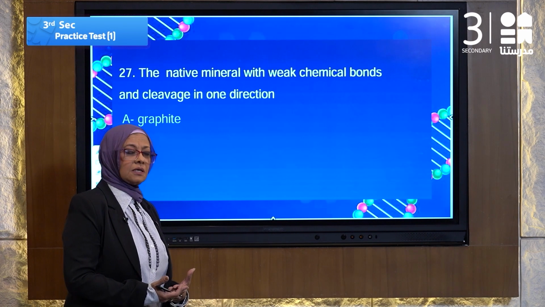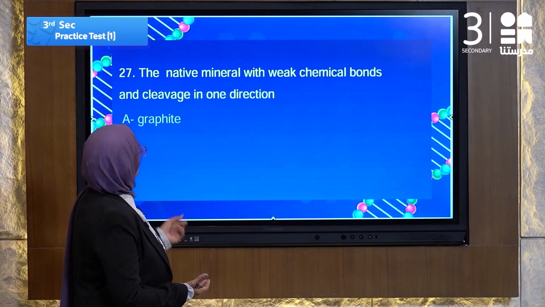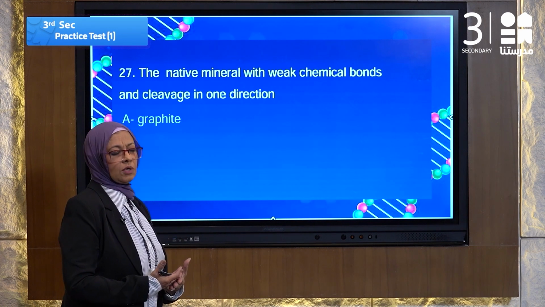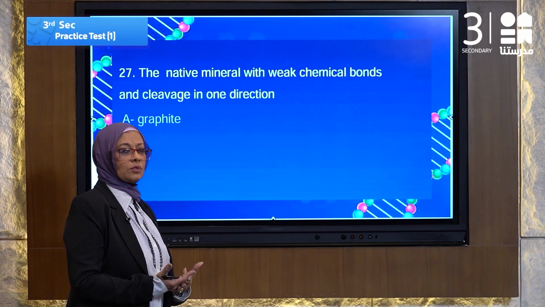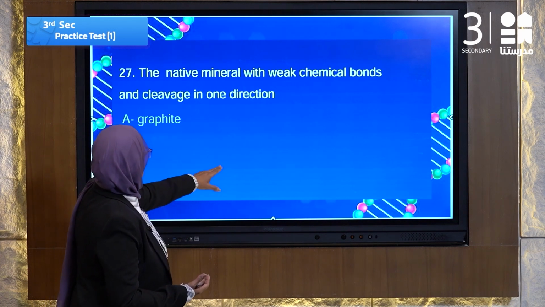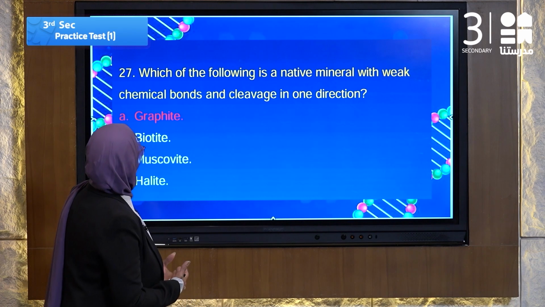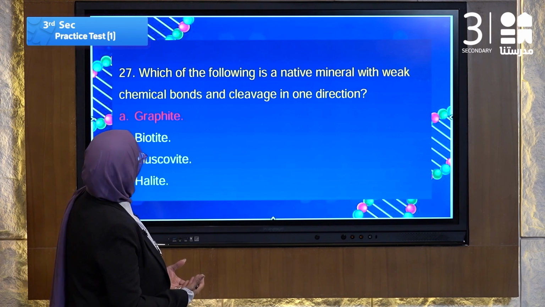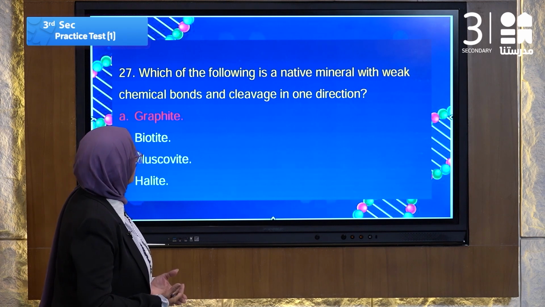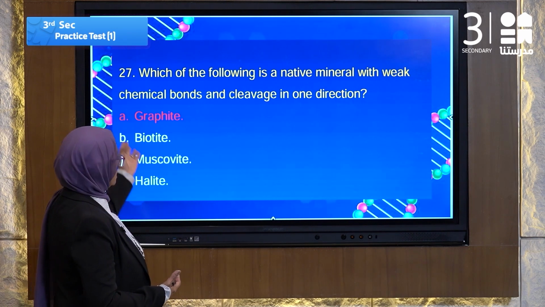Graphite has weak chemical bonds, meaning it's not an ionic bond, it's a covalent bond. And the other is cleavage in one direction. Yes, graphite is the answer.